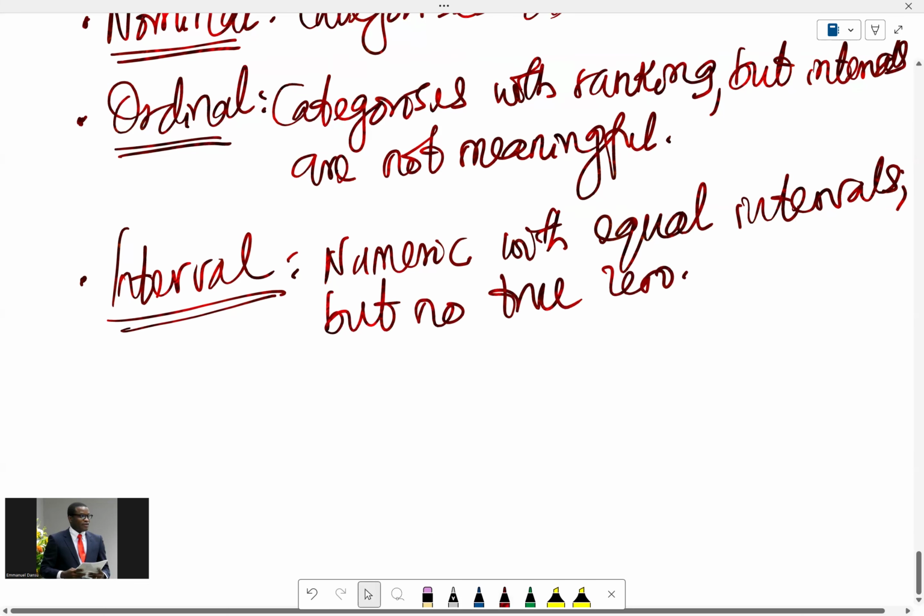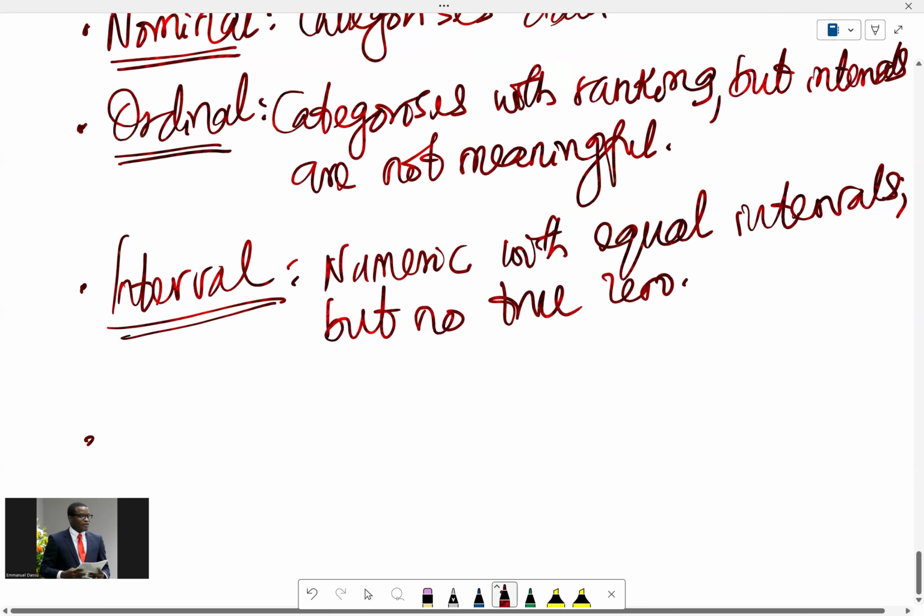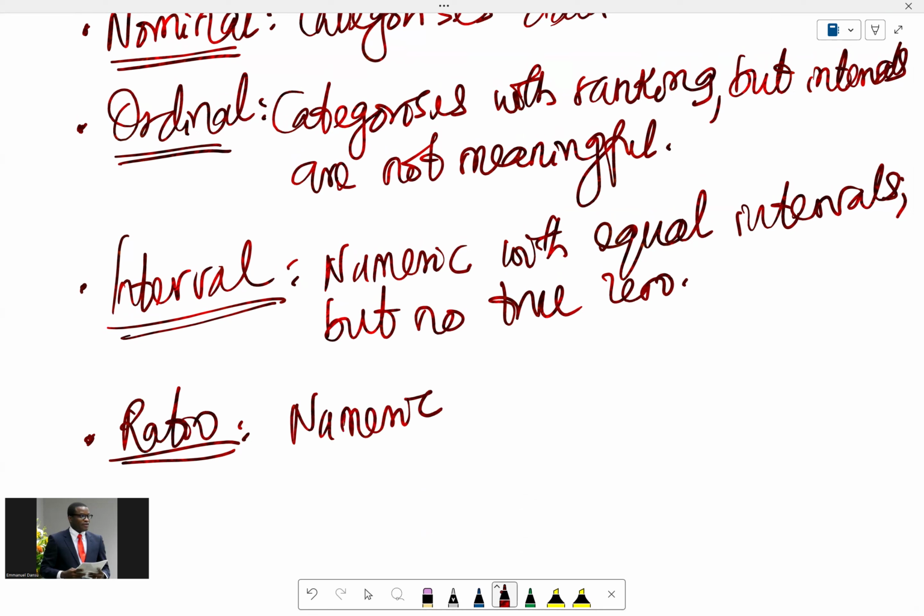Okay. So lastly, you have the ratio scale. Ratio scale is numeric. I think the idea of numeric is that you can actually carry out some arithmetic operations on them, but interval can only take addition and subtraction, while ratio takes addition, subtraction, multiplication, and division.